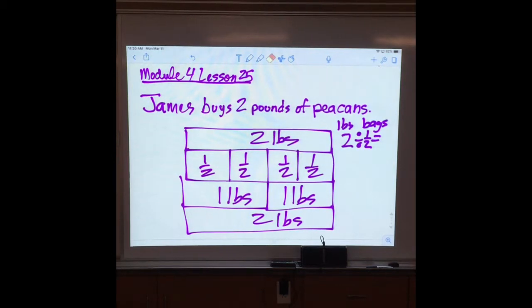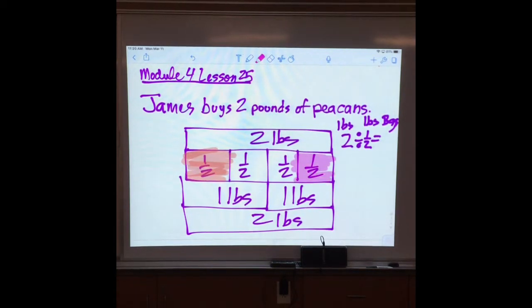So it wouldn't be bags anymore, would it? 2 pounds. I'm going to divide it into half pounds. And I'm going to have how many bags? How many bags am I going to have? I'll color code them for you. This is 1 bag, right?